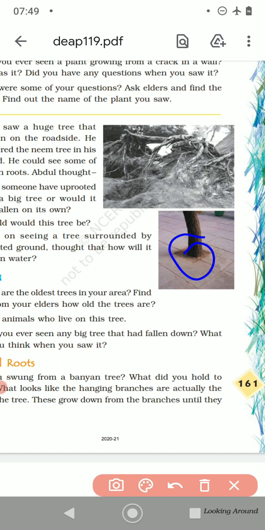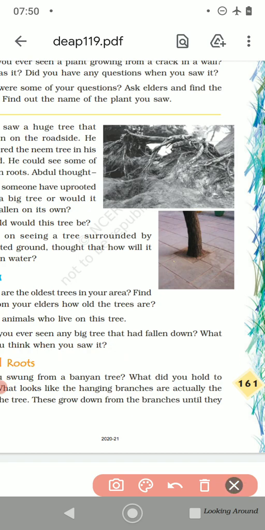Seeping of water means water gets absorbed by the soil. So the volume of soil should be more, no? Here they left just one tile for the rainwater to go down. But it's very difficult. So they are wondering how the tree is getting the rainwater.